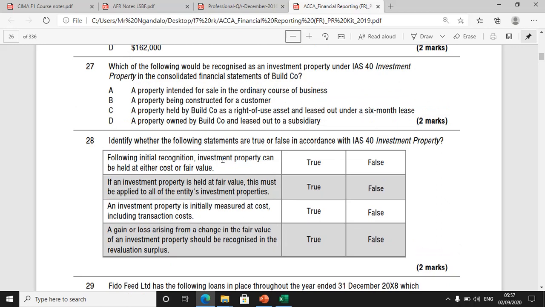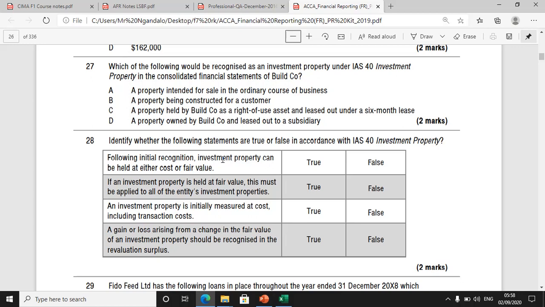Question 27. Question says, which of the following would be recognized as an investment property under IAS 40 Investment Properties in the consolidated financial statements of Beautyco? A says the property intended for sale in the ordinary course of doing business, that's stock.